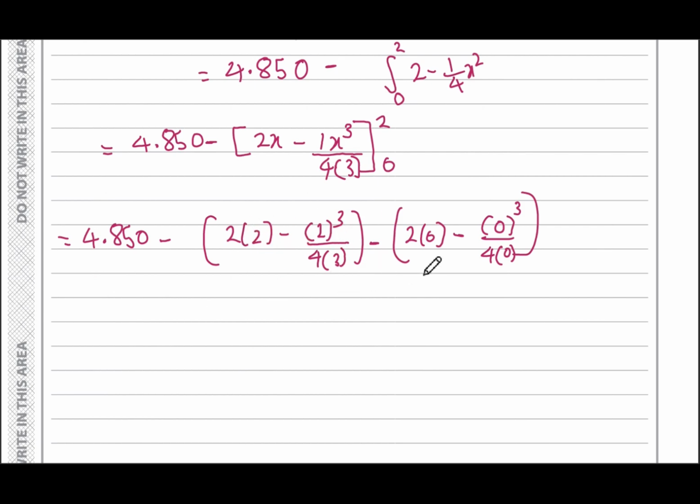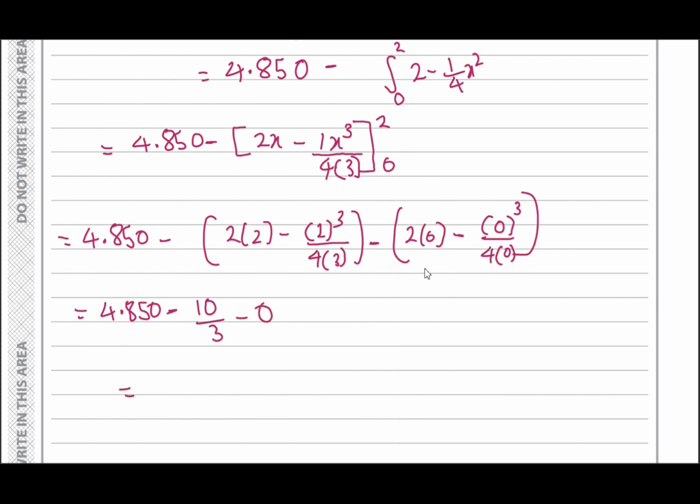So here it becomes 4.850 minus 2 times 2 minus 2 cubed over 4 times 3. This gives me an answer of 10 over 3, minus 0.